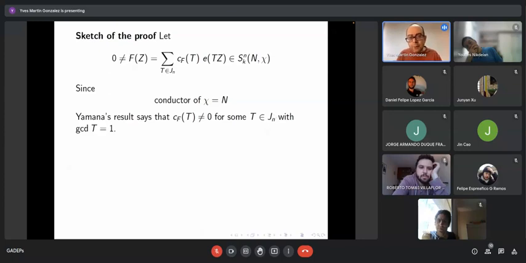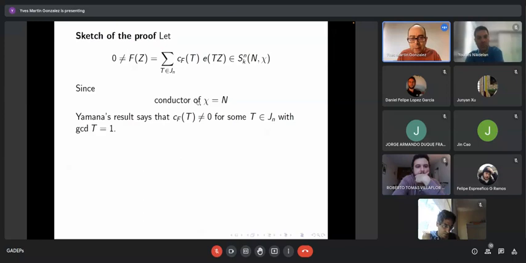First of all, I use part of the hypothesis. If you remember, the hypothesis says the conductor of the character is equal to this big N. And now, if you remember Yamana's result, it says that in this Fourier expansion, there is at least one non-zero coefficient indexed by t, where the GCD of the matrix T divides the quotient of this big N divided by the conductor of the character.